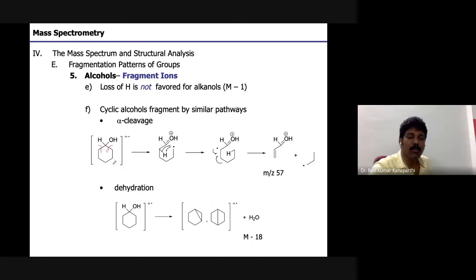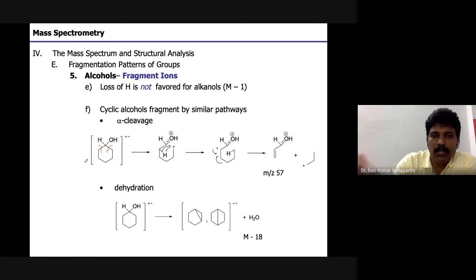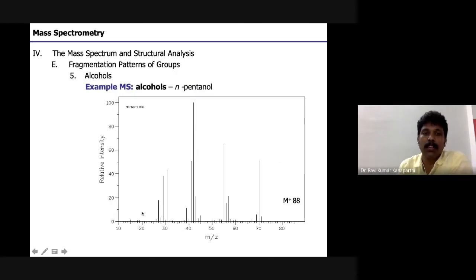There are both ways this ring can break and give corresponding fragments and peaks in the spectrum. And of course the cyclic alcohols, like the acyclic alcohols, also undergo dehydration. Therefore, the corresponding M minus 18 peak is very common.